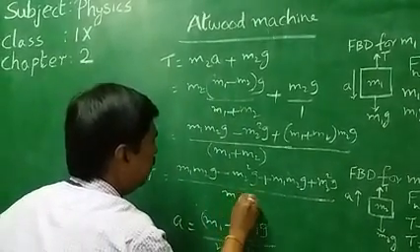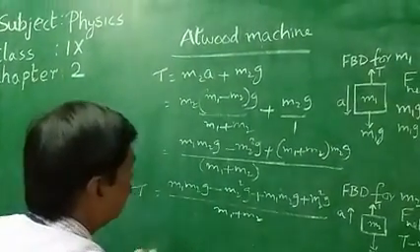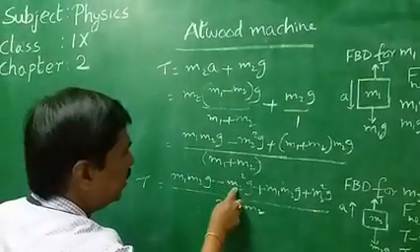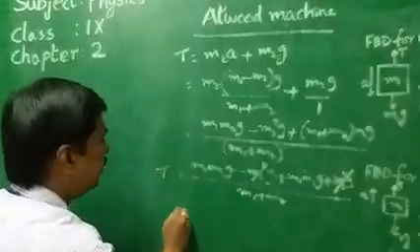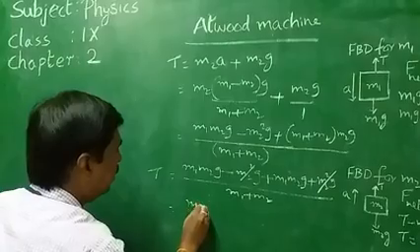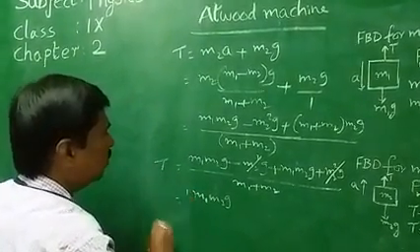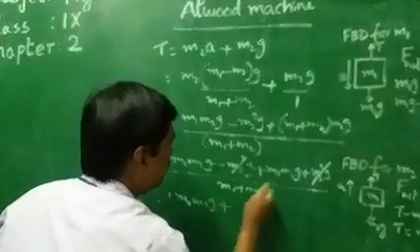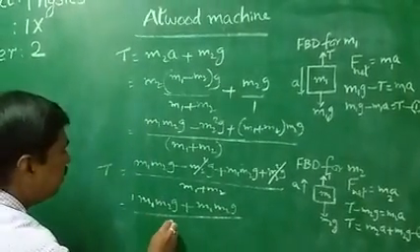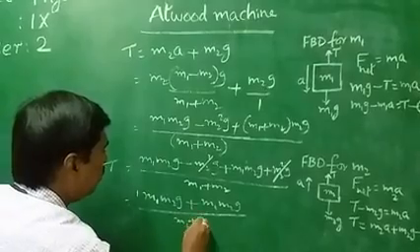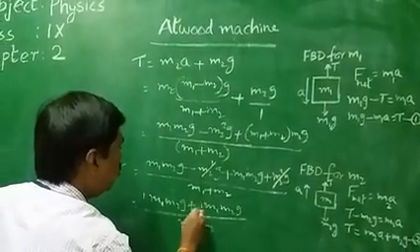From this you can cancel: minus M2 square g and plus M2 square g, these two terms cancel. Here you get M1 M2 g divided by M1 plus M2, plus M1 M2 g divided by M1 plus M2.